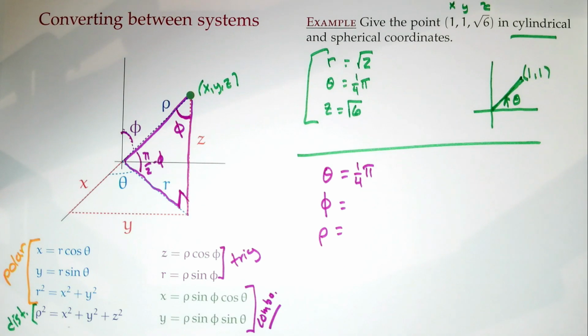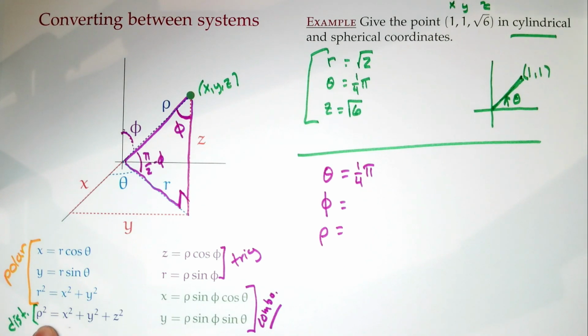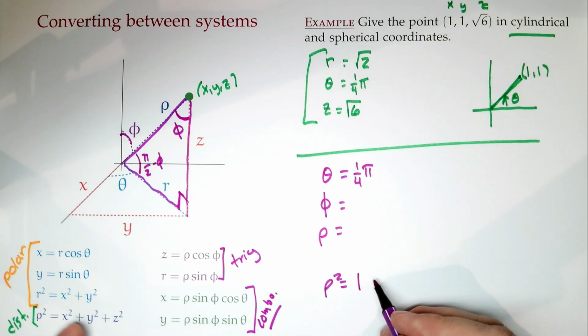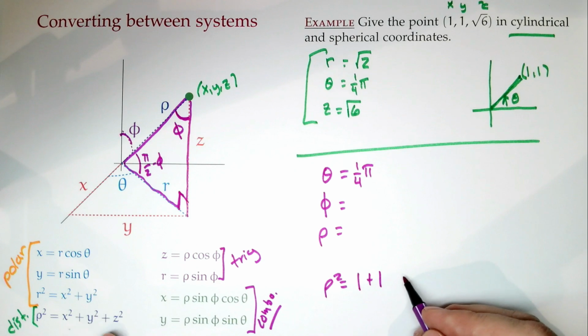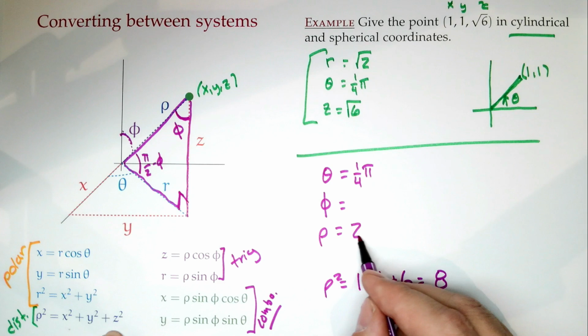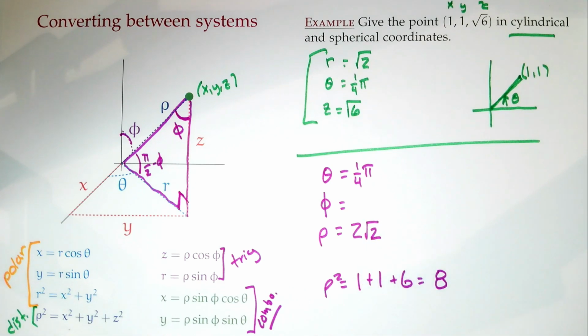Rho is not going to be bad because of our formula. We have that rho squared is equal to x squared, which is 1, plus y squared, which is 1, plus z squared, which is 6, which adds up to 8. So that's rho squared. What will rho be? 2 square root 2. Good. Okay, so that's rho. What's left?